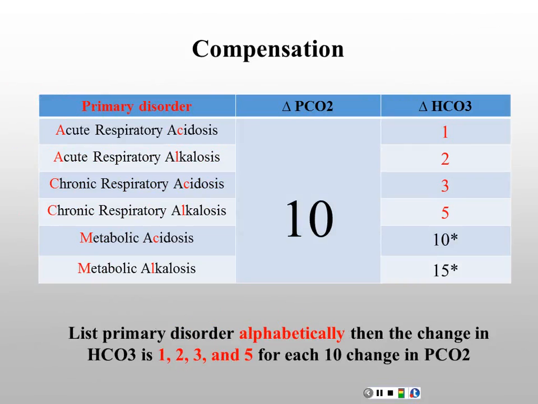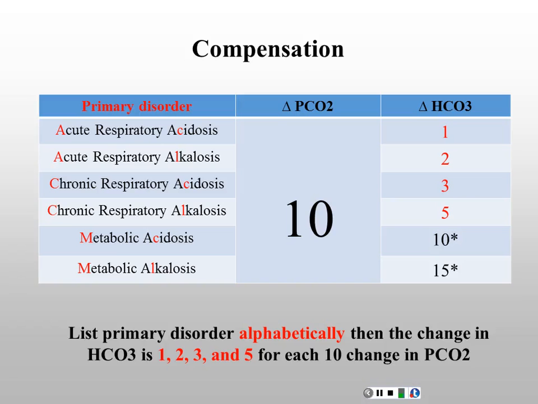Either you have acute respiratory acidosis, acute respiratory alkalosis, chronic respiratory acidosis, chronic respiratory alkalosis. So for every change in PCO2, you will have that change in HCO3, your bicarb, by 1, in this case 2, 3, and 5 for every 10 change.